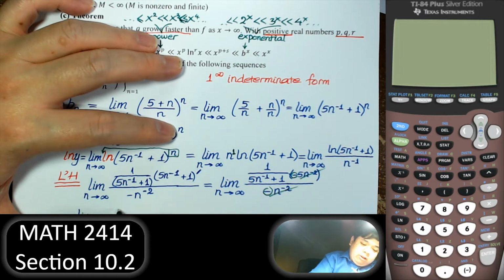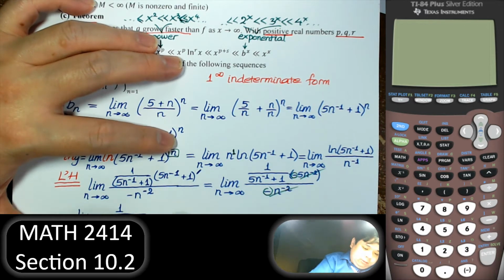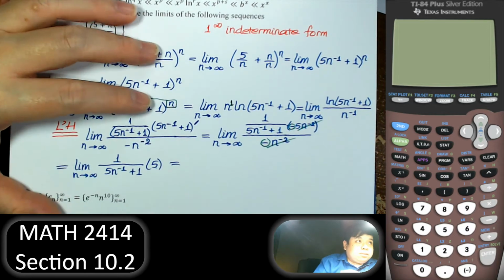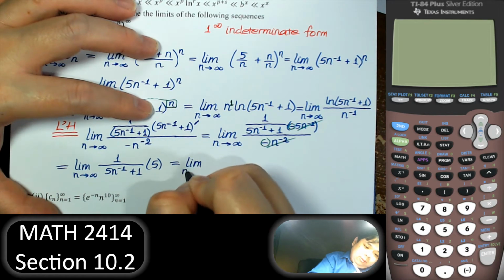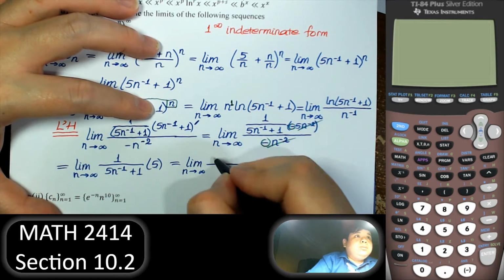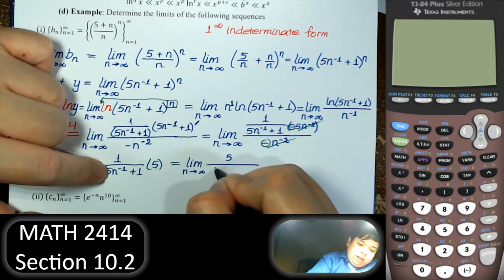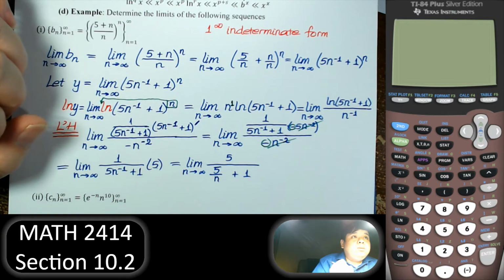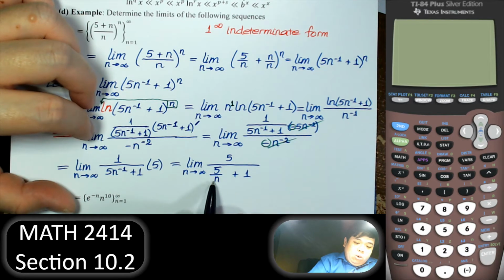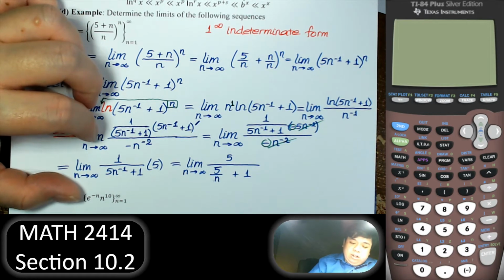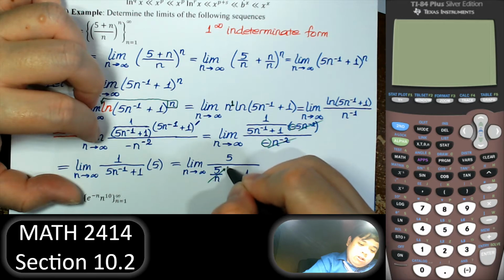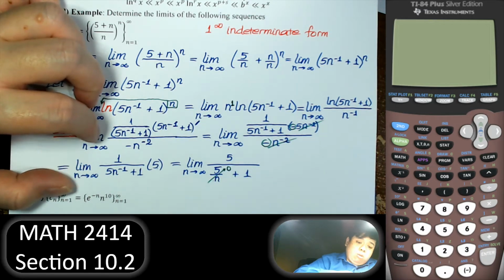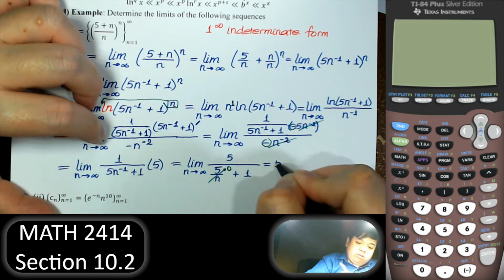So I'm going to put 5 on top, and then the n minus 1 at the bottom. Now n goes to infinity, finite divided by infinity, so this one goes to 0. Bottom line is we have 5 at the top, 1 at the bottom, so this is 5.